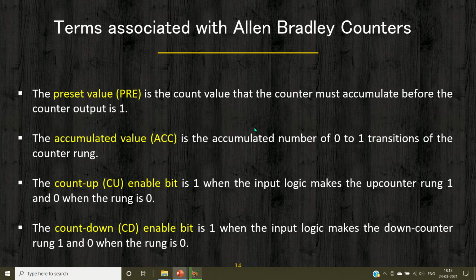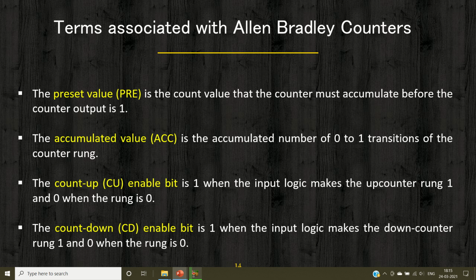Next is the accumulated value, ACC. It is the accumulated number of 0 to 1 transitions of the counter rung, that is, how many transitions from 0 to 1 are taking place.